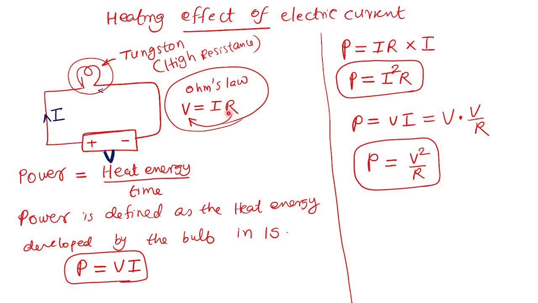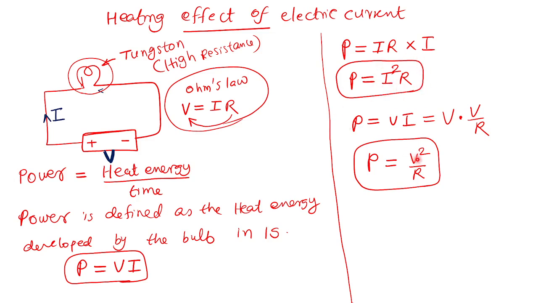V equal to IR. So V into I is the fundamental formula. The formula can be expressed in another format. V is IR by Ohm's law. So this V is IR. So IR into I is I square R. This formula you have to memorize.